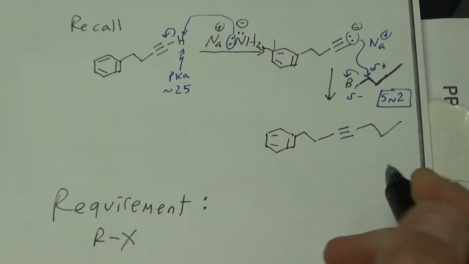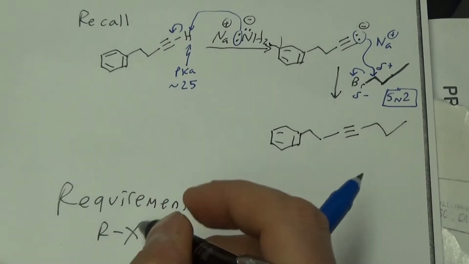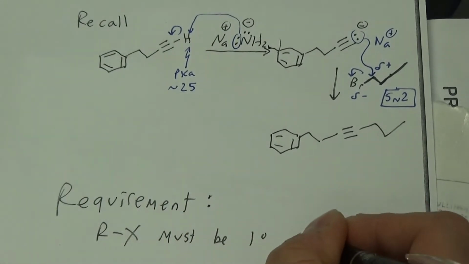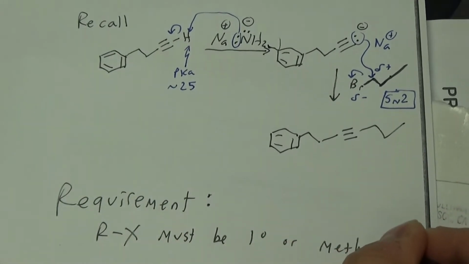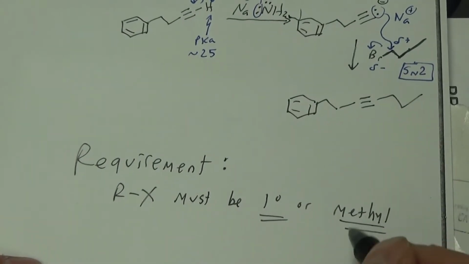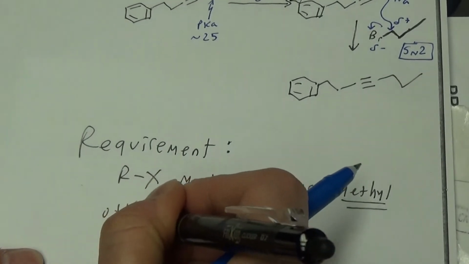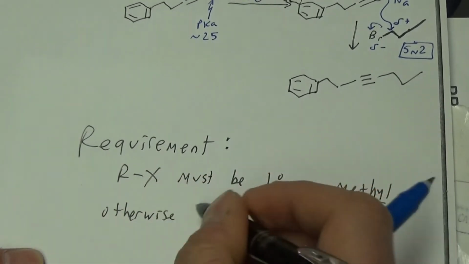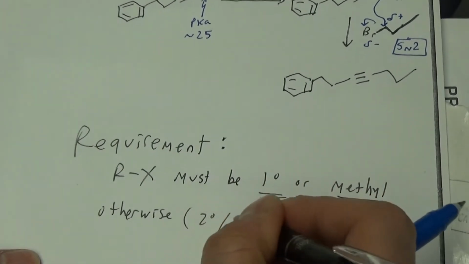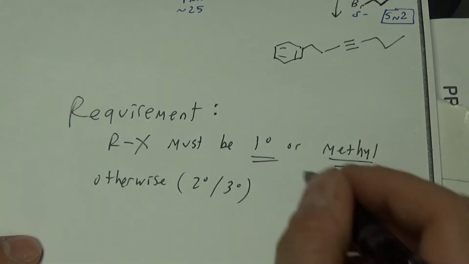Rx, which is the alkyl halide, must be primary or methyl. It's got to be primary, it's got to be methyl. If it's not primary or methyl, like if it's secondary or tertiary, you get E2.